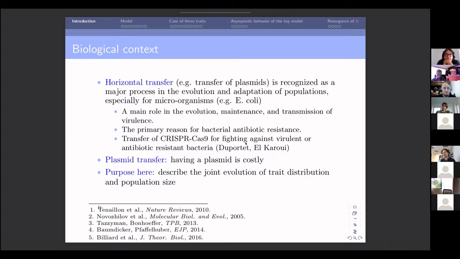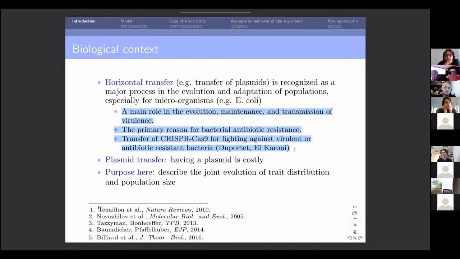Having a plasmid is additional DNA, so it means more cost to maintain it and to copy it at division and so on. So it has some costs, but it can give advantage, like in the examples I just gave. And so there's a trade-off. It's costly, but it may be better in some situations.